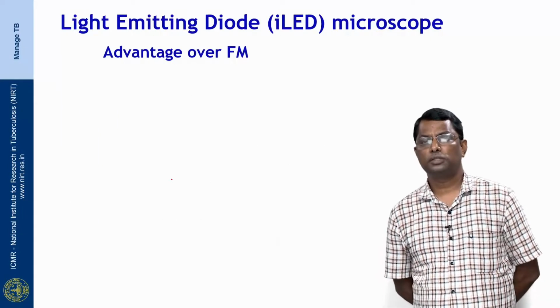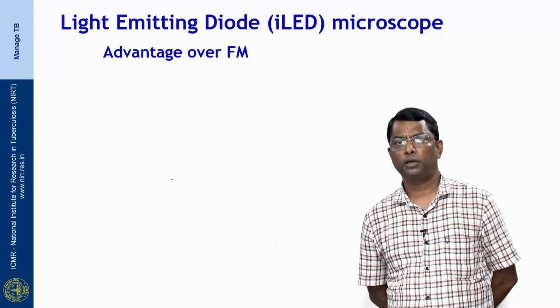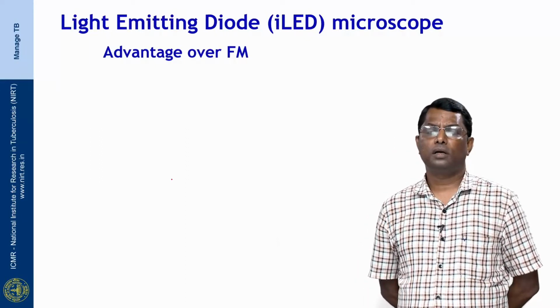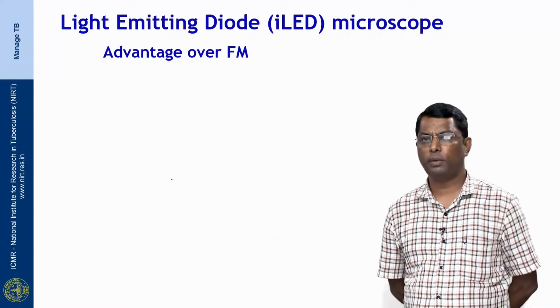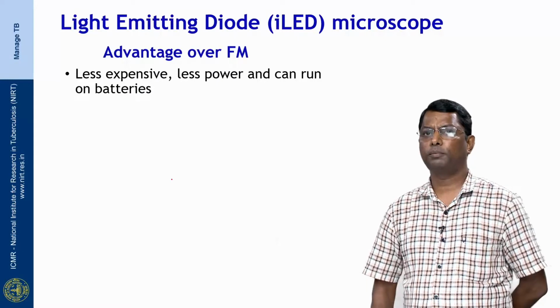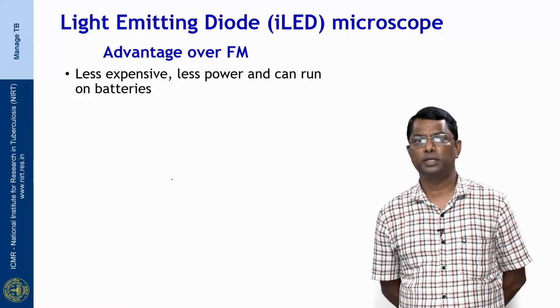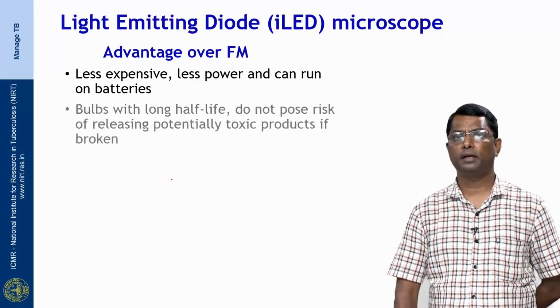Given these limitations, we have some improvements in the microscope, wherein the new microscope which is released is called the light emitting diode microscope, and the advantage of this microscope over the previous fluorescent microscope is that it is less expensive, consumes less power, and can run on batteries.